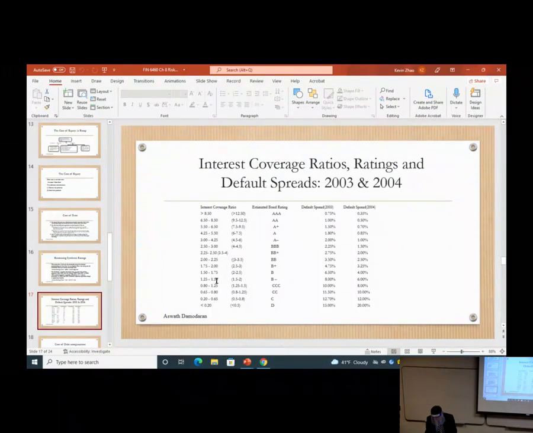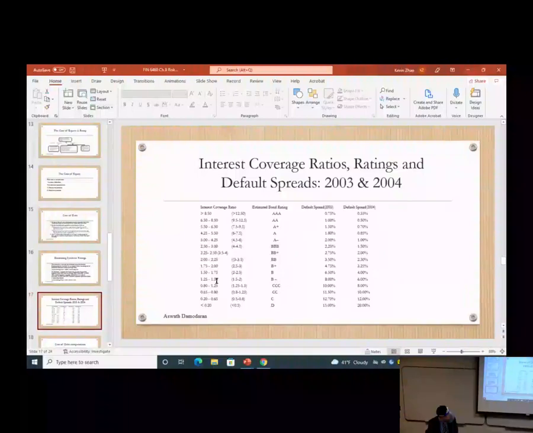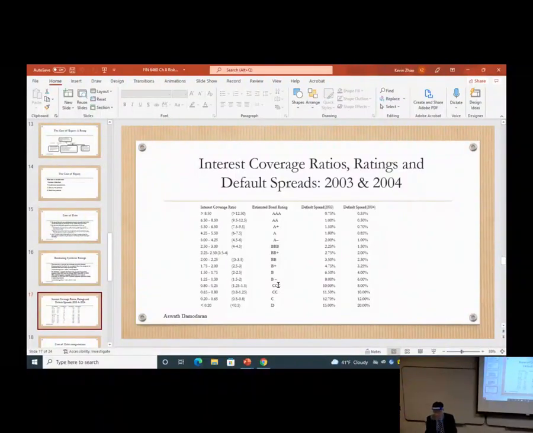Then you look at the table of bond ratings to see that a similar company is rated B minus, and the default spread is 6%, back to year 2004. Then you can get the estimation of the cost of debt using this synthetic approach. So what do we use to do that comparison?